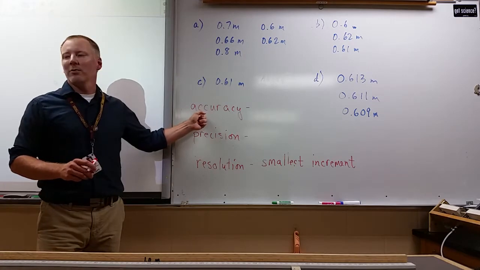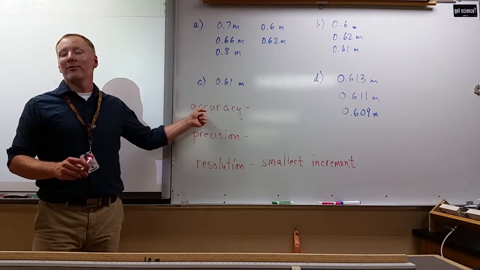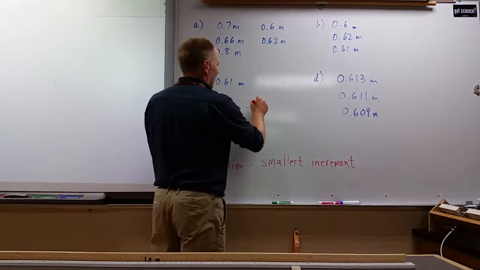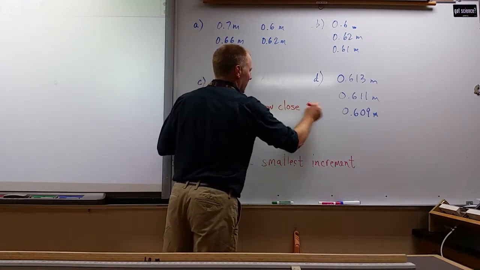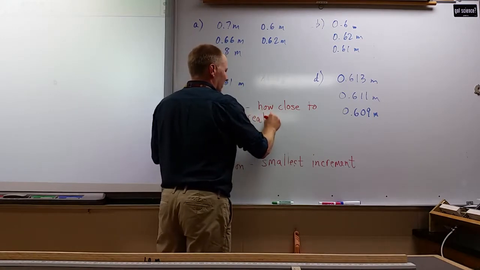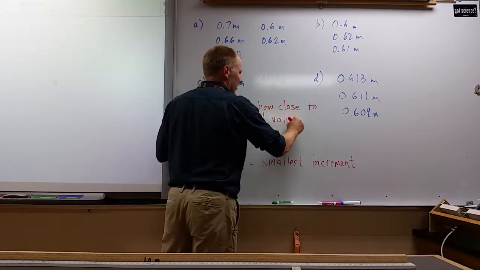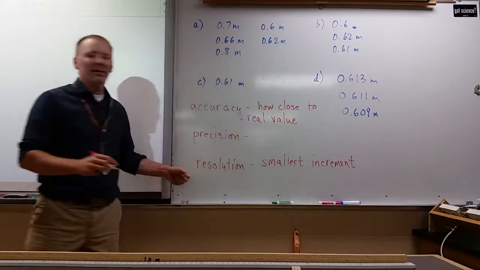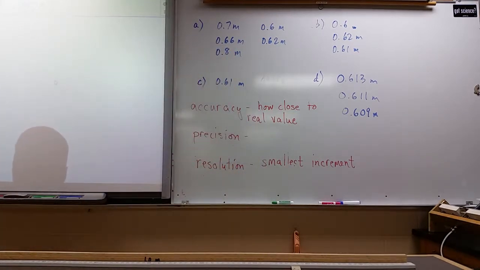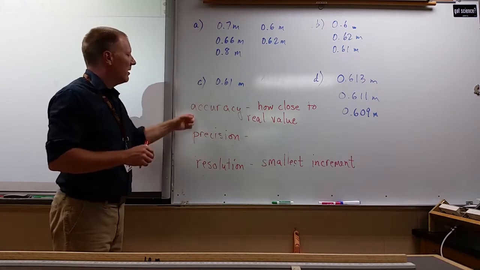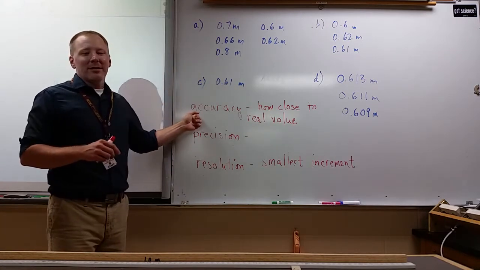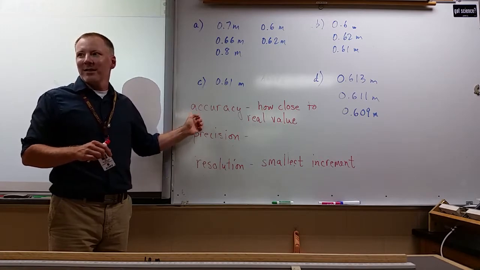Accuracy says how close are we to the real value. This would depend on the resolution, because if we have to estimate much, we're not particularly good at that often. We can be reasonable, and sometimes we're a little farther out. But it also depends on the measurement device itself.